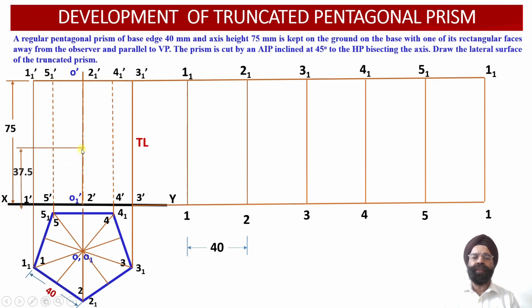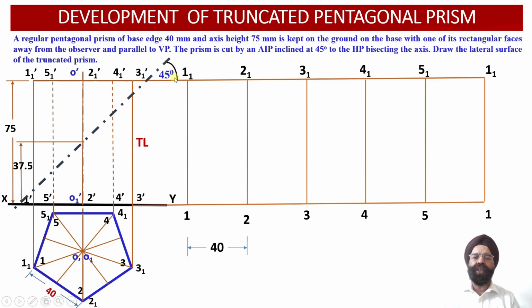So the height of the axis happens to be 75 millimeter. So the midpoint of this axis will be lying at a height of 37.5 millimeter from the base. Once we mark this point on the axis, that is the midpoint of the axis, we observe that this auxiliary inclined plane or the cutting plane is going to pass through this midpoint of the axis, and it will be inclined at an angle of 45 degree with respect to the horizontal plane and perpendicular to the vertical plane.